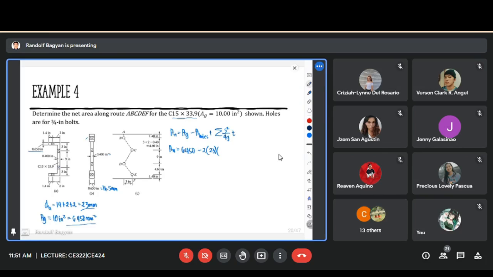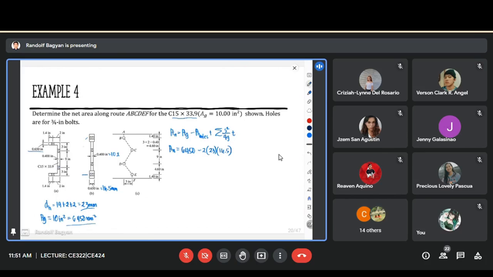Okay, 0.4 inch is 10.16, or 10.2 mm. And then 16.5 also. So, 2 by 23 by 16.5.